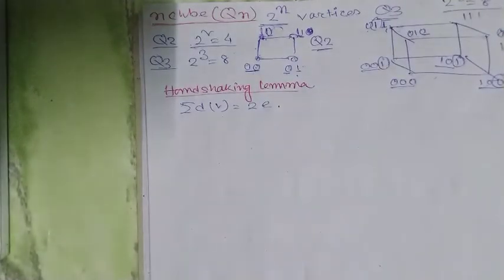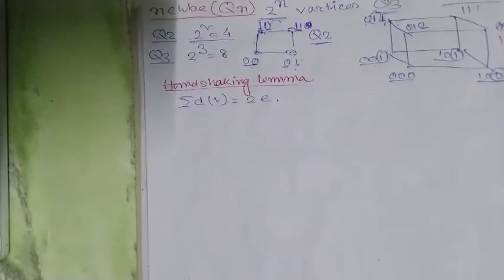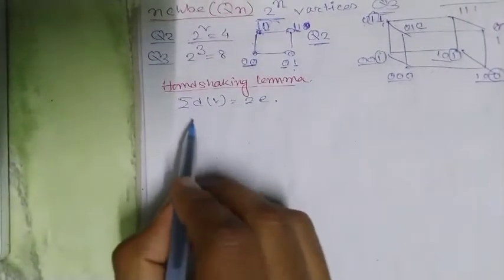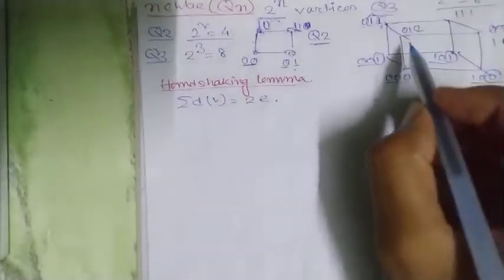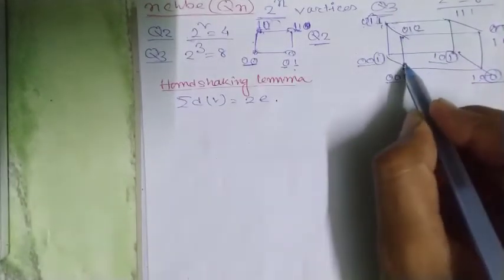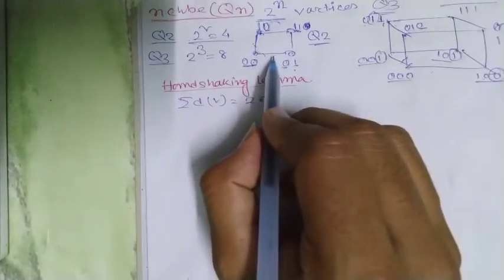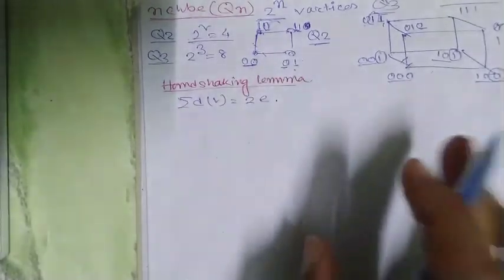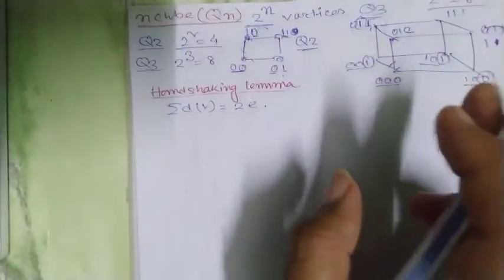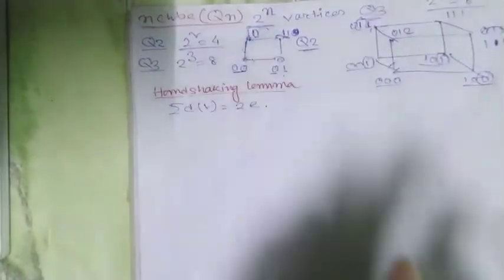So for this case, you can see for Q3 the degree of every vertex is 3, for Q2 the degree of every vertex is 2, so the degree of every vertex is n only. For Q3 it is 3, for Q2 it is 2.